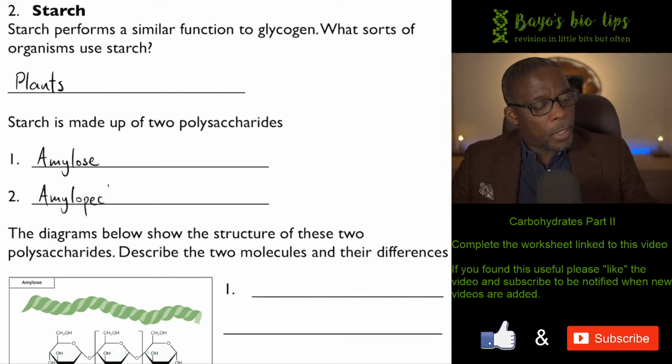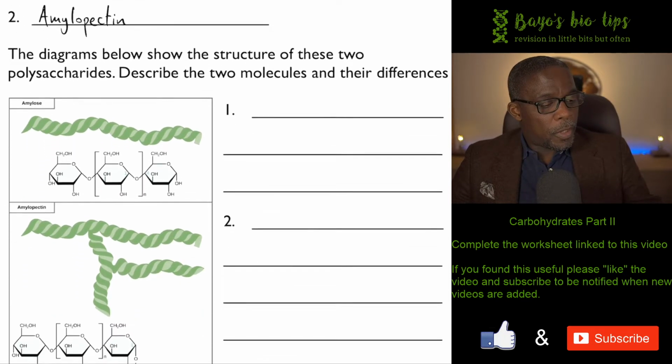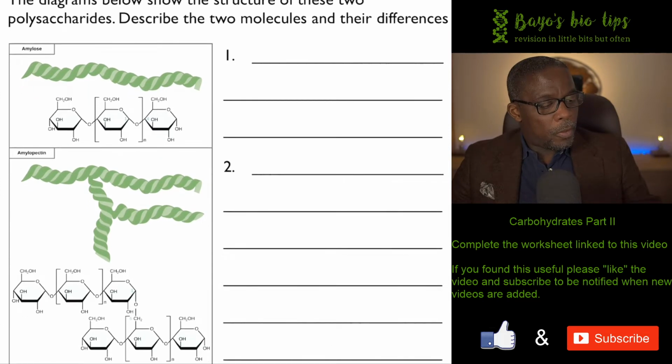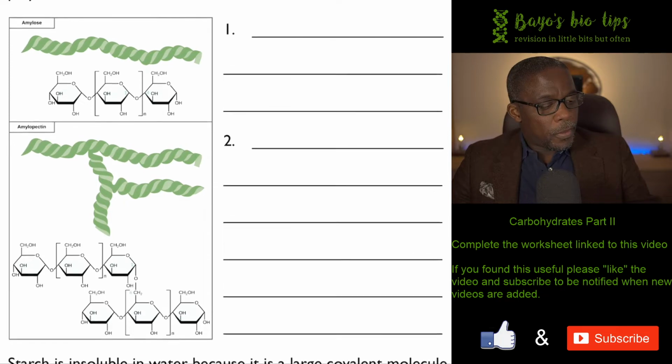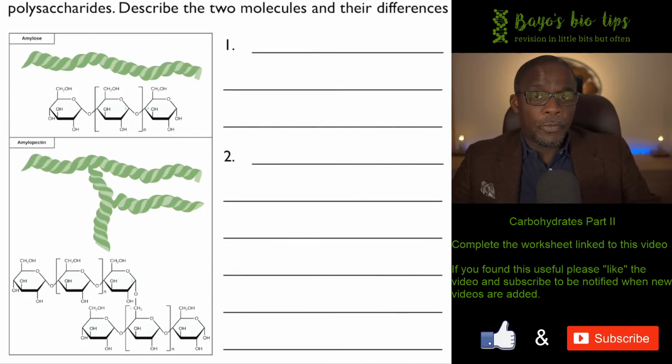I will talk about how those differ from each other in a second. So if you look down at the bottom of that page, you have diagrams of both of them, amylose and amylopectin.